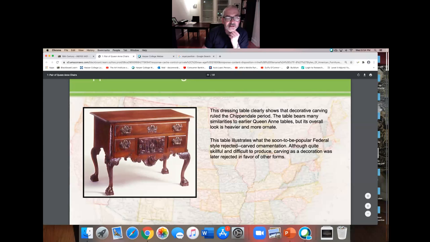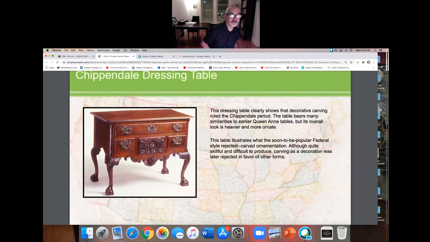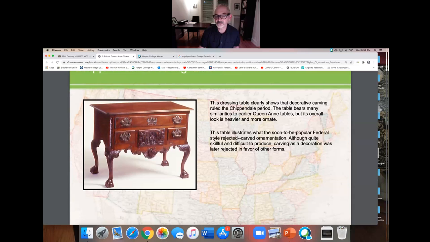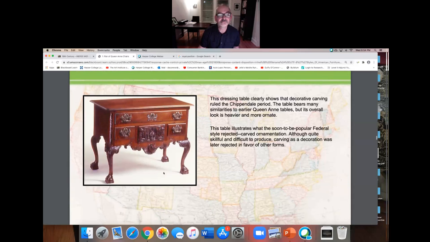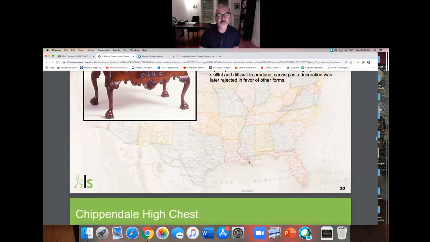It's a little odd sometimes where some of these surfaces have a smooth section and then some very elaborately carved section. To me, it's always seemed a little bit indecisive, but still looks good. I think it's kind of cool. But this is much more restrained than what you would find in Europe.